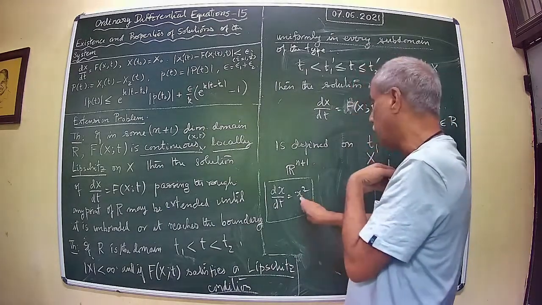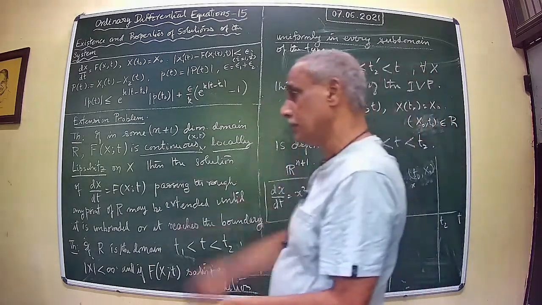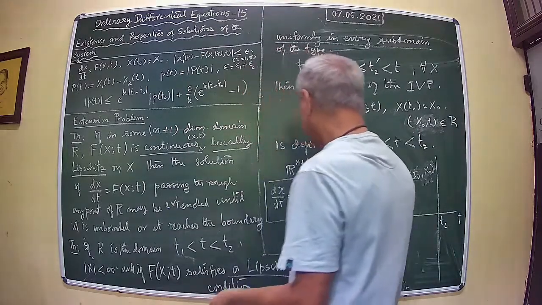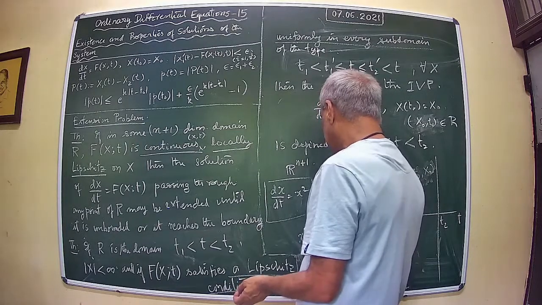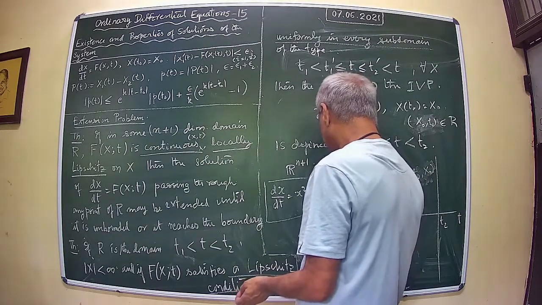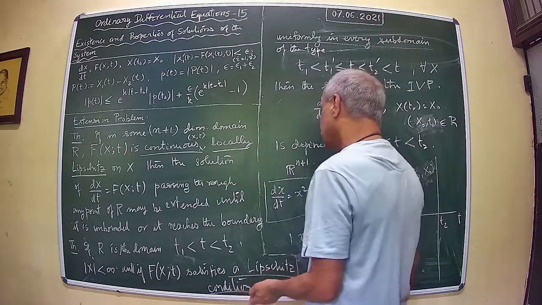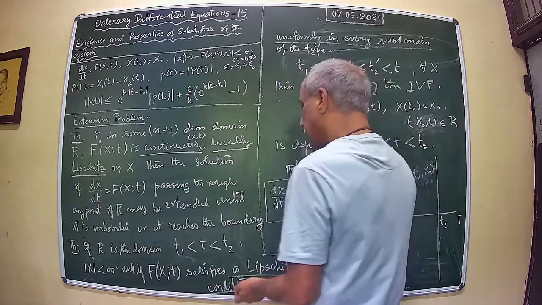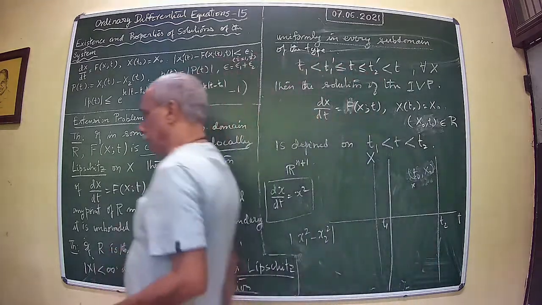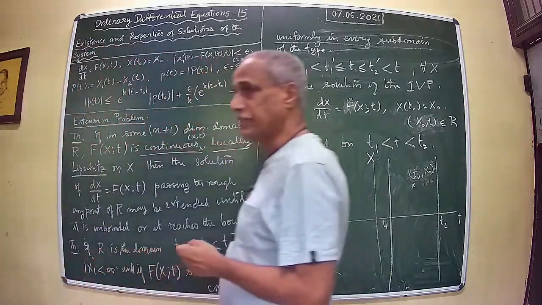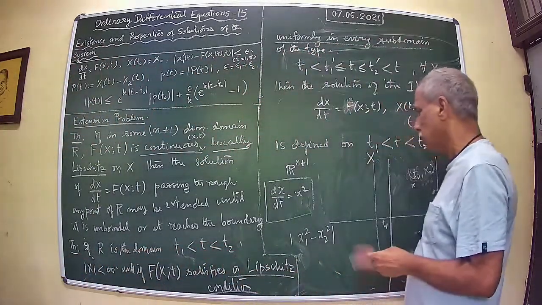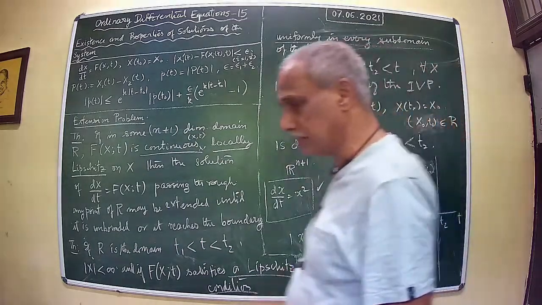So you estimate x1 square minus x2 square. You get the Lipschitz constant gets unbounded as mod x tends to infinity. So this is the example where it fails.